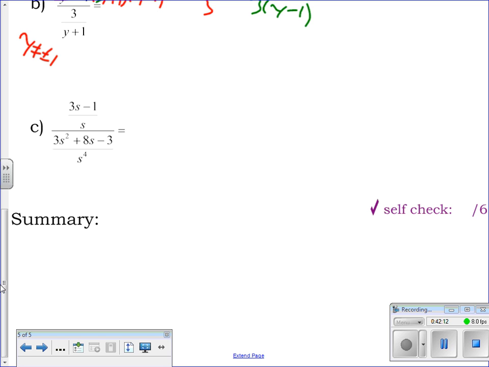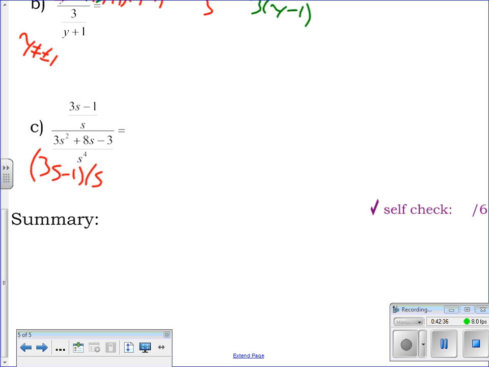Last one's a little harder. I do have to factor it out. 3s minus 1 is one of my factors. So 3s times s gives me s squared. So I have 3s minus 1, and then I have s to give me that.